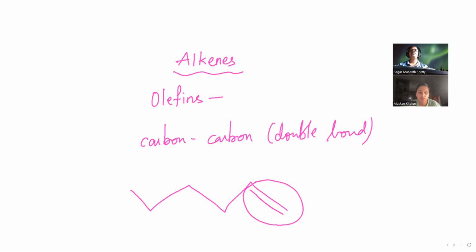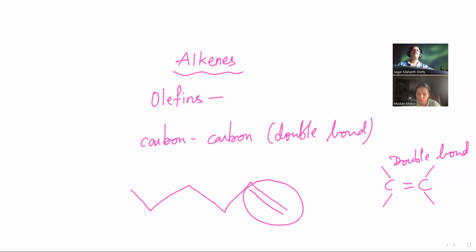So that is what we call a terminal alkene. And when I talk about the structure of the alkene, as I said, it's a double bond between the two carbon atoms, with carbon of course linked to other elements as well. So here is a double bond structure.